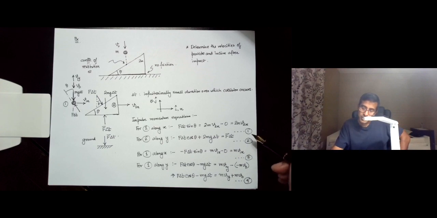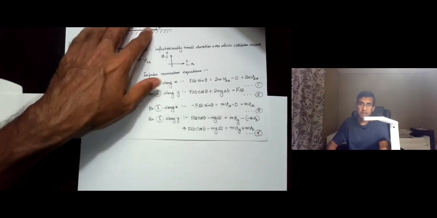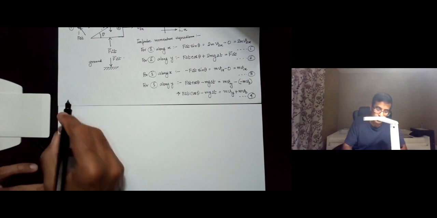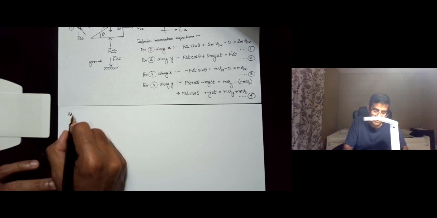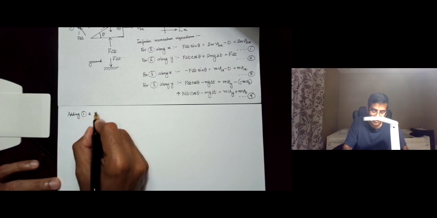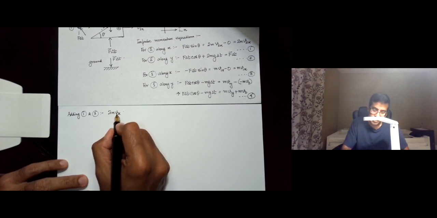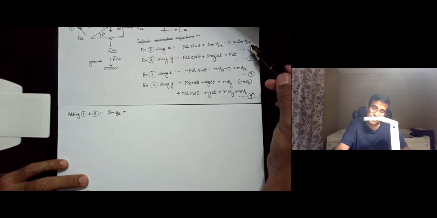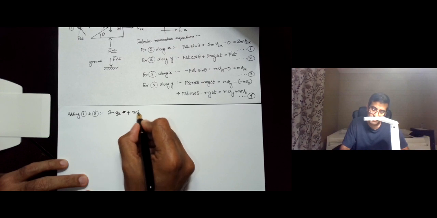So now if you consider equations 1 and 3, adding equations 1 and 3, what we get is 2m v2x plus m v1x is equal to 0.